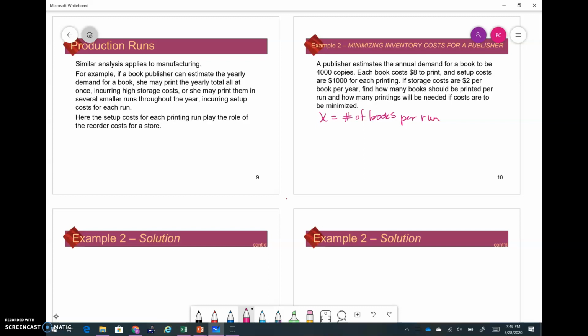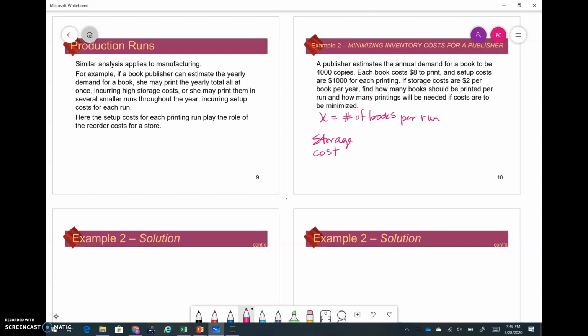There's a couple things that we need to find. We need to find storage cost and production cost before we can find the total cost. Our storage cost works the same way as it did for the lot size.